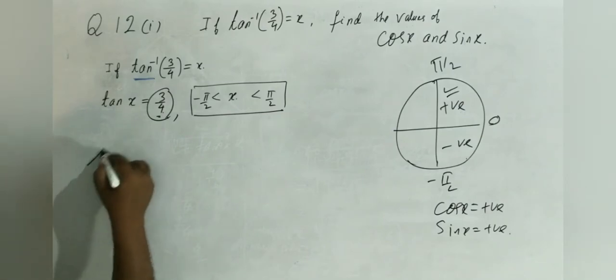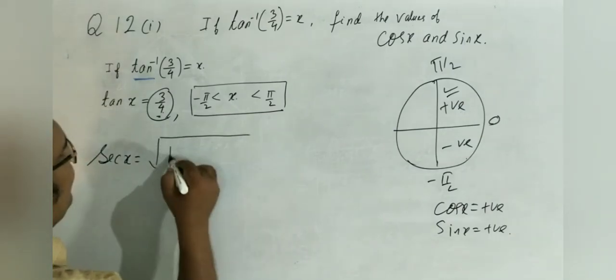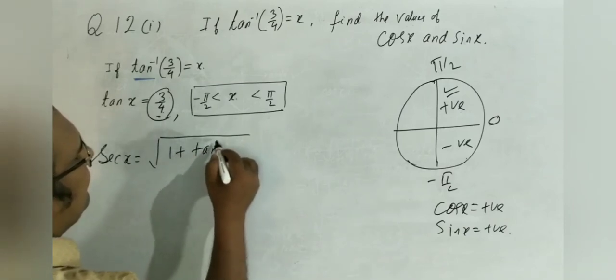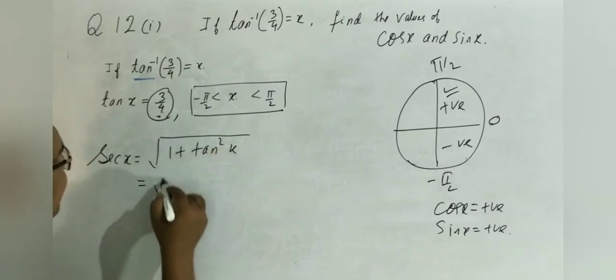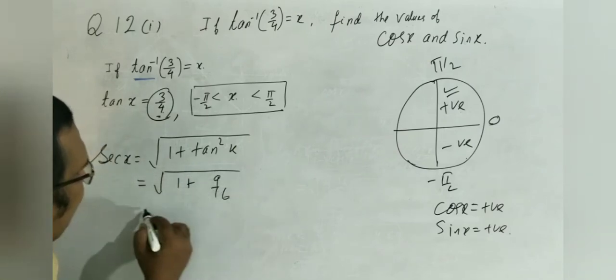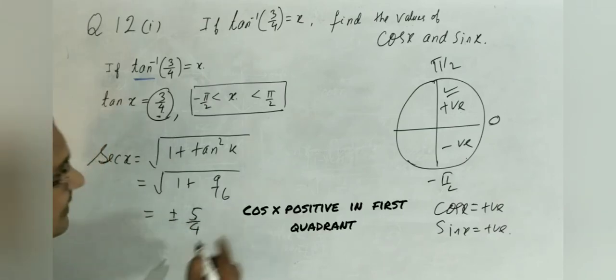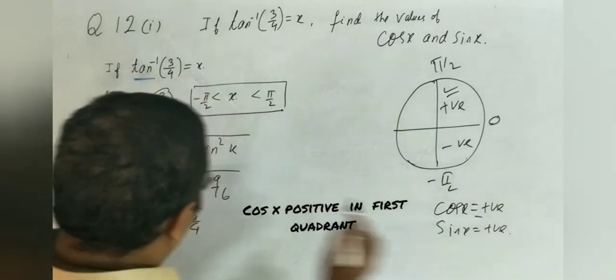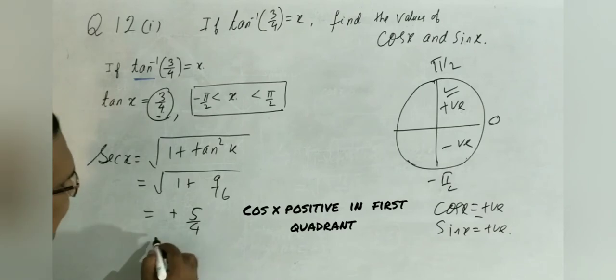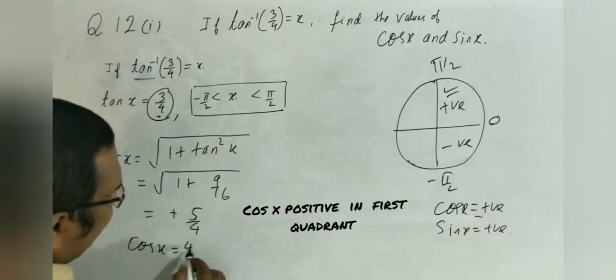So sec x is root of 1 plus tan square x, 1 plus 9 by 16. I get plus minus 5 by 4. But since it is positive, I remove the negative sign. So cos x is equal to 4 by 5.